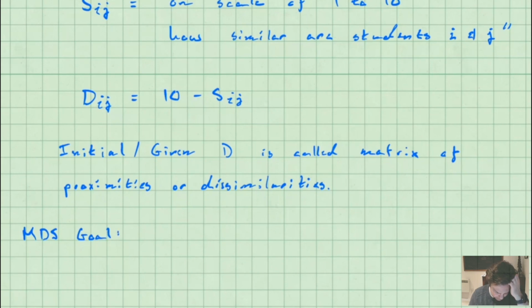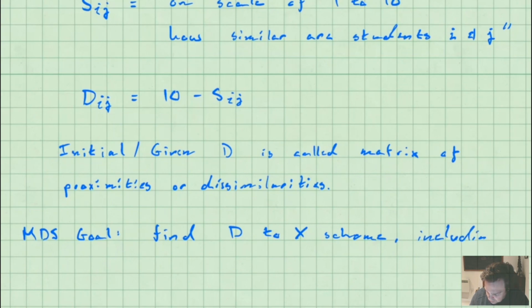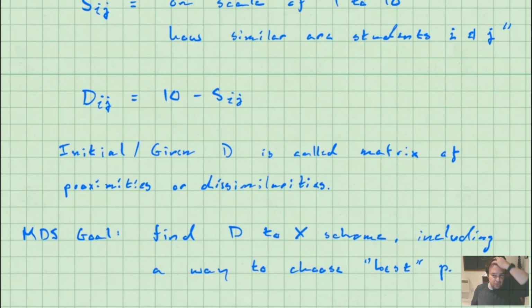It's somewhat simple, at least easy to write down: to find some scheme for going from D to X, including some mechanized way to choose the best P. With this kind of ambiguous origin of the distance matrix, where there's no data matrix it really came from, you don't even know how many dimensions you should use.